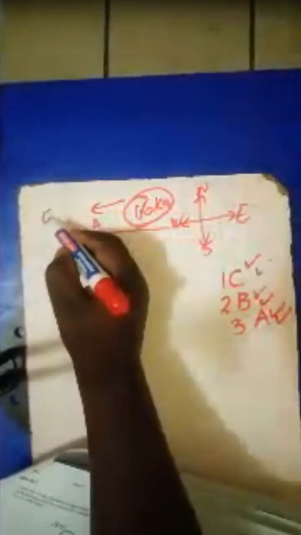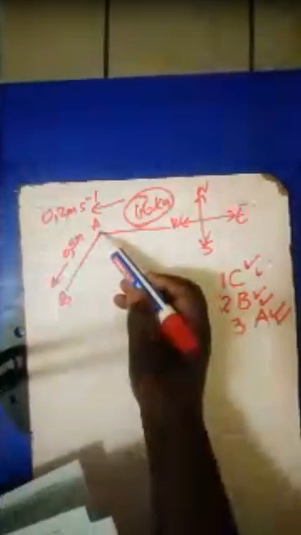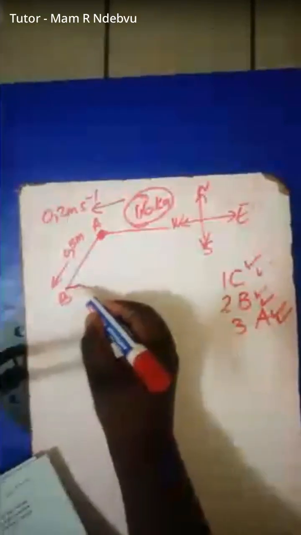The rock reaches point A with the same velocity of 0.2 meters per second, and then moves down a rough 0.5 meters distance along slope AB. But you are told the angle of inclination is 30 degrees.